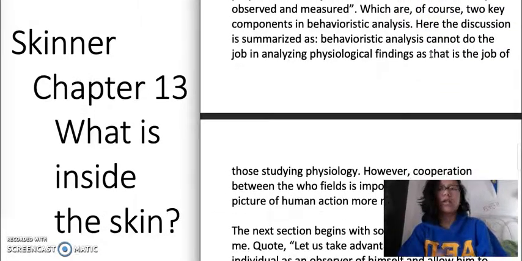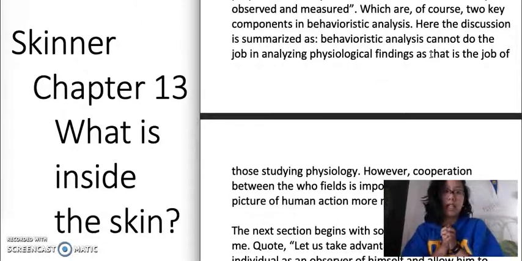Which are, of course, two key components in behavioristic analysis, being observable and measurable.